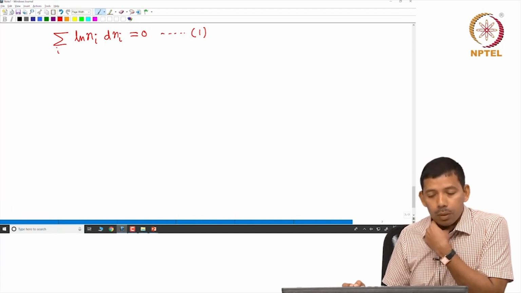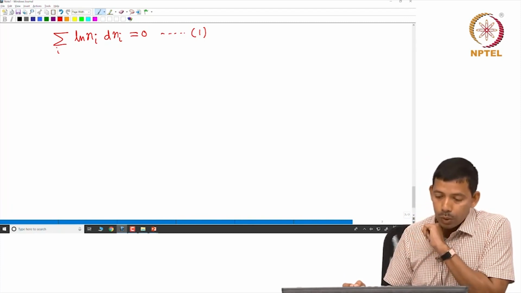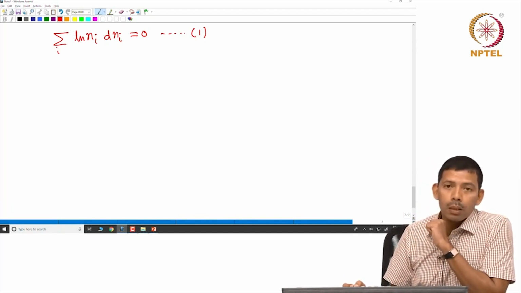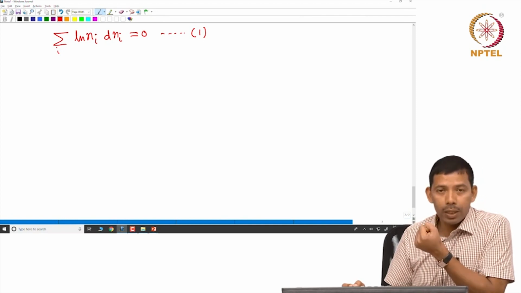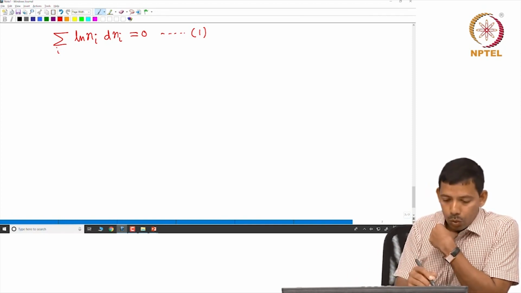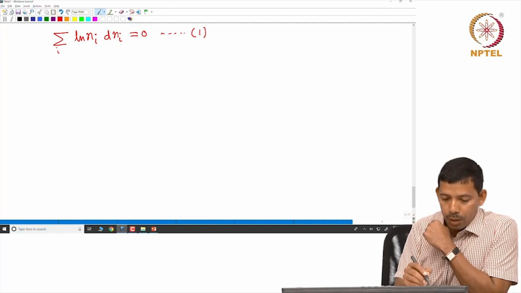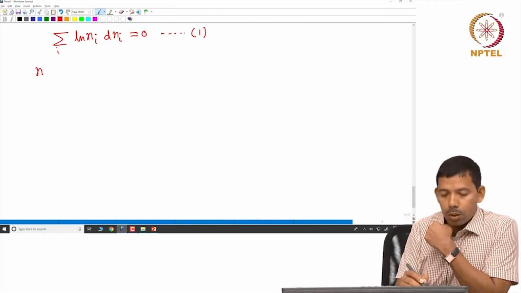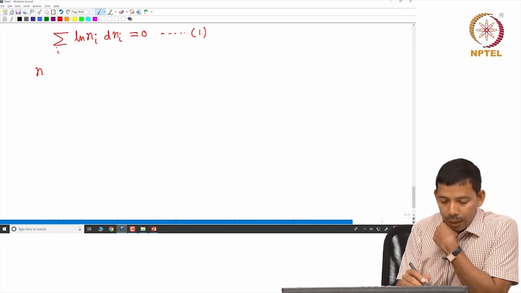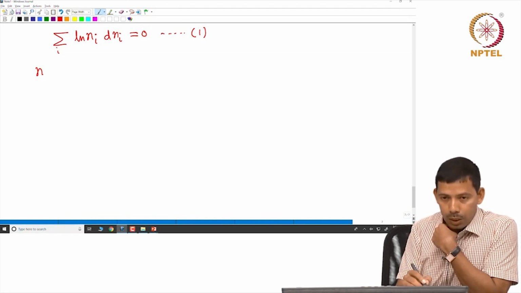Following that method, we have to make use of two constraint conditions we have. So, we have two constraints in our system. One constraint was that the total number of particles n is constant.